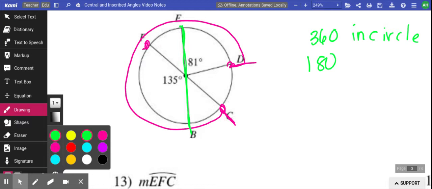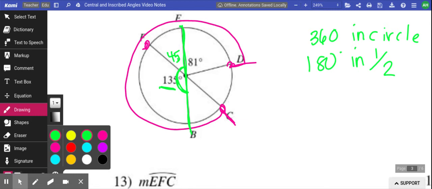It's 180 degrees in half of a circle. So that means this is going to be 180 degrees. If this is 135, this one right here is going to be 180 minus 135, which is 45. So this one is 45.